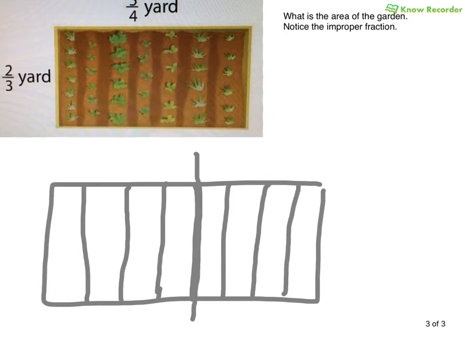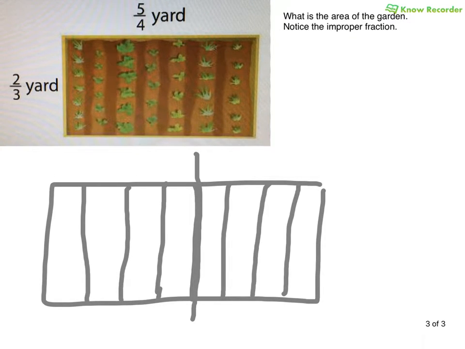If I were to have 4 in 1 whole, it would make sense then that if I had 4 in 1 whole and I had 2 wholes, I should have 8 pieces, which I do. Now my job is to fill 5 of them, but not yet.